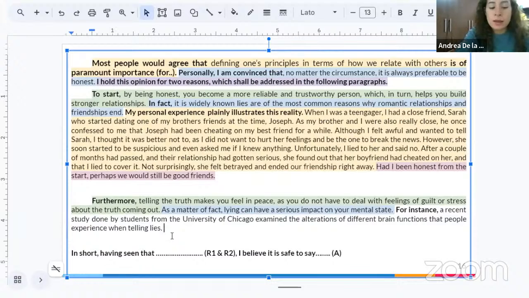So we're going to say researchers studied a group of, let's say, 300 people, and measured their stress levels.